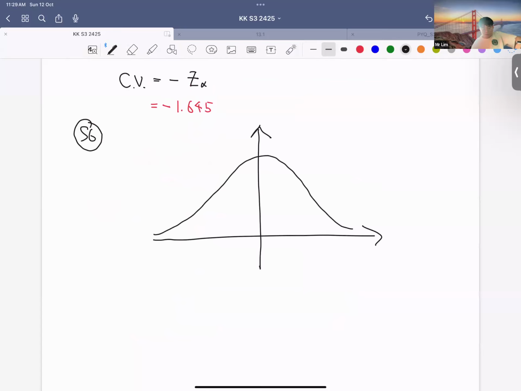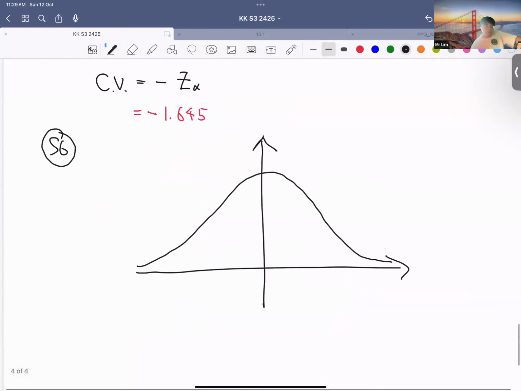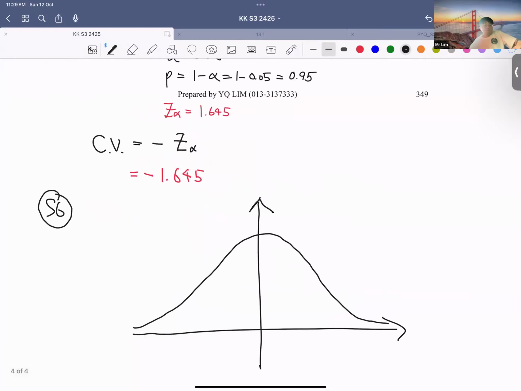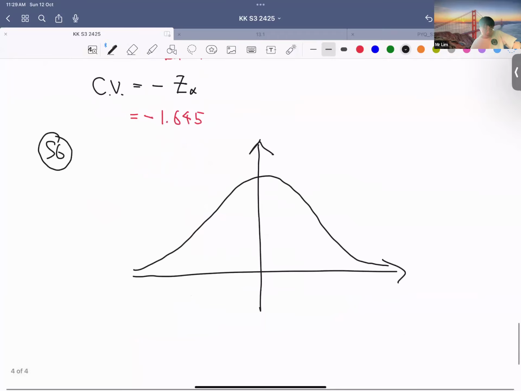But this is maybe the first time for some of you. I will draw a normal distribution graph for you, and where you should reject based on your CV. Your CV is here, which is negative 1.645. This is 0. This is your x-axis.